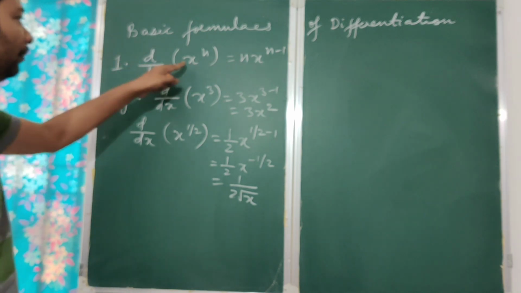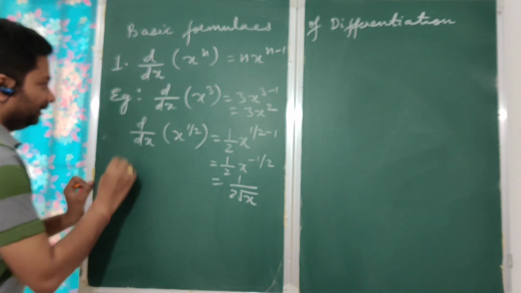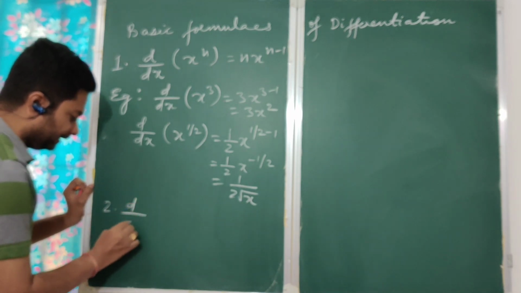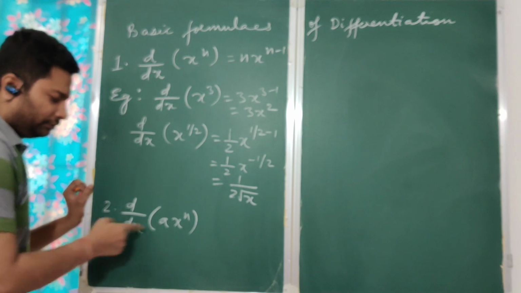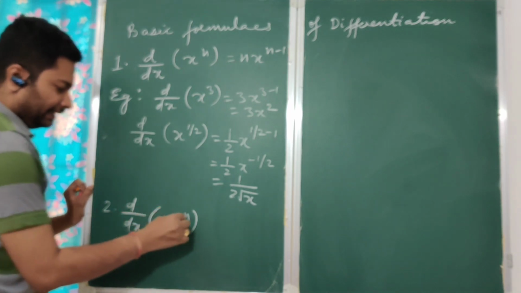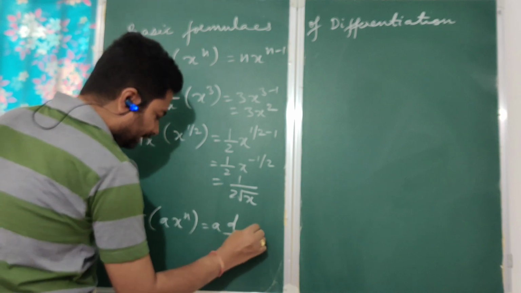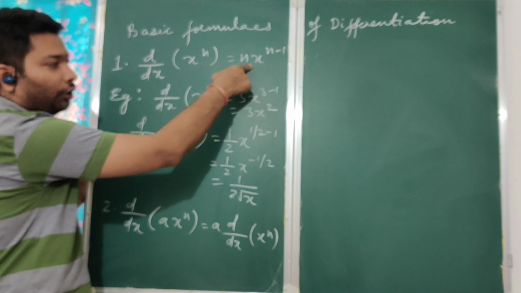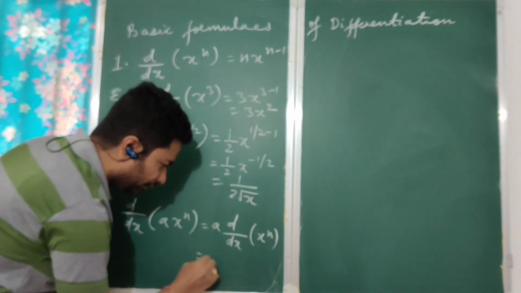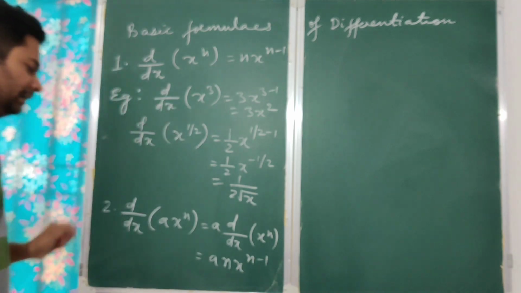Now if there is some constant multiplied here, let us say you are having d by dx of a x to the power of n. That constant can be taken outside, and then you can go for d by dx of x to the power of n. Now we can use the normal formula which we have learned. So we can write it as a n x to the power of n minus 1.